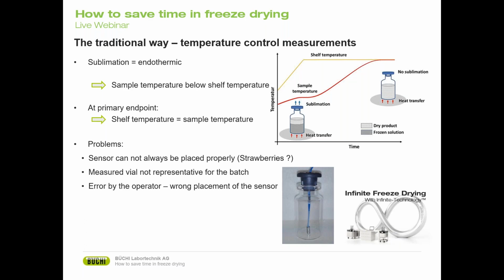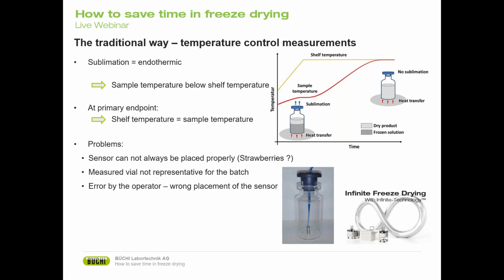Now, there are some issues connected to this temperature control measurement. For example, the sensor, which you can see here, cannot always be placed properly. This is especially the case when we have a solid sample instead of a liquid sample, because in a solid sample, of course, it's harder to place a thermocouple. Also, the measured vial might not be representative of the batch.